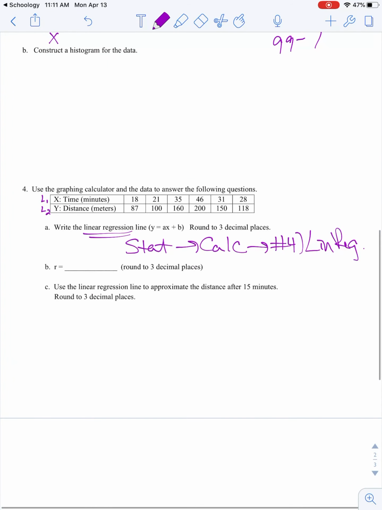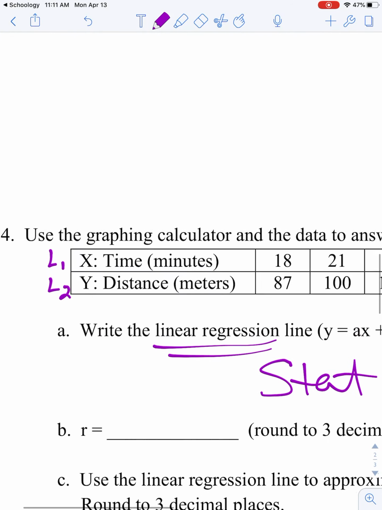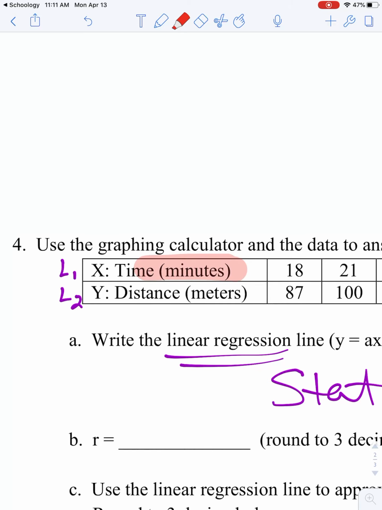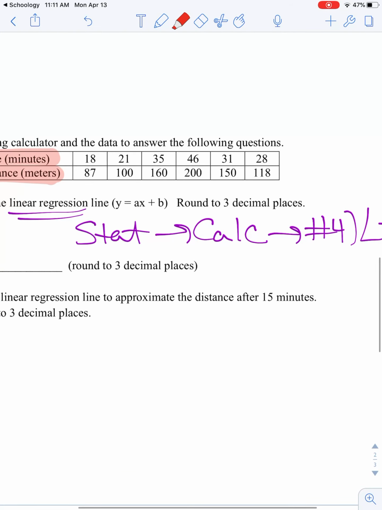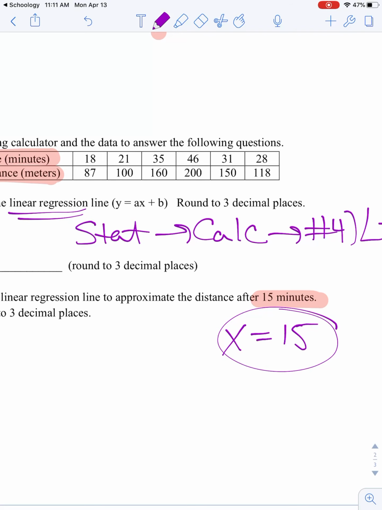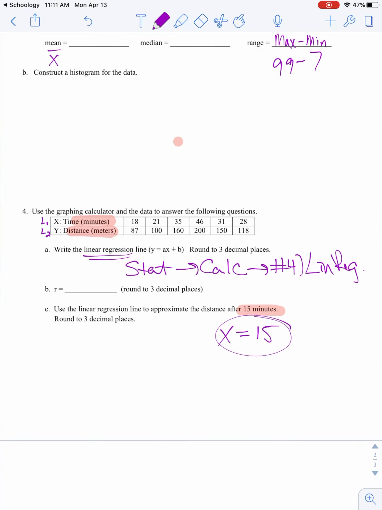And that will give you then your R value and the equation. So make sure that you are able to do that in your calculator. Keeping in mind the whole time that your X value is your minutes and your Y value is your distance in meters. So when it says here on letter C, approximate the distance after 15 minutes, your minutes is your time. So that's X equal to 15.